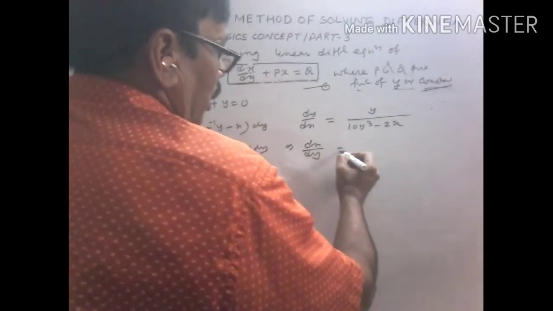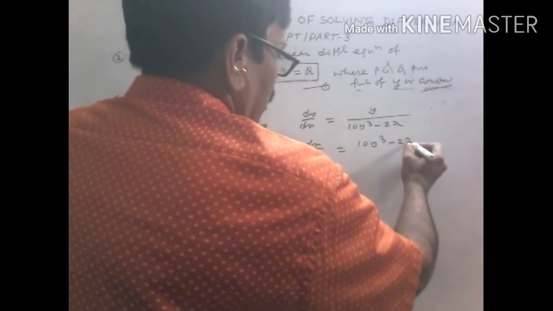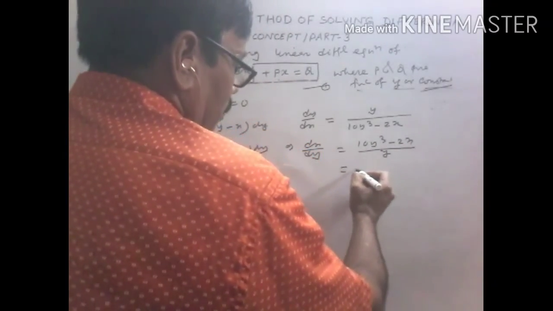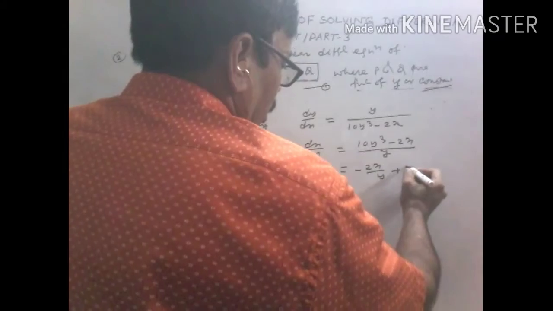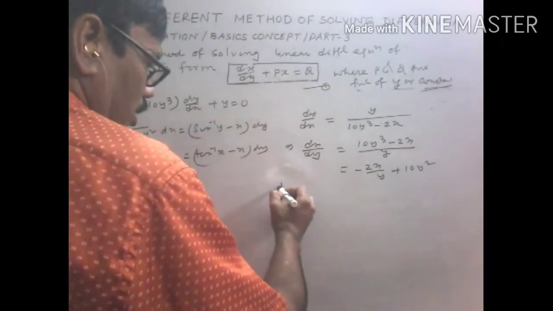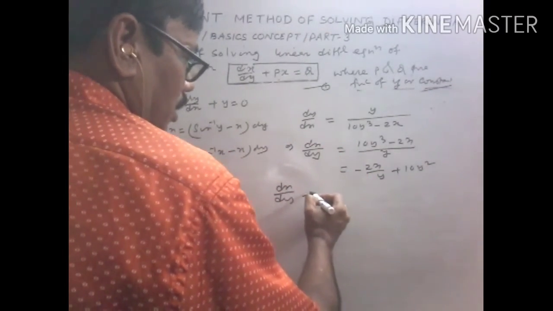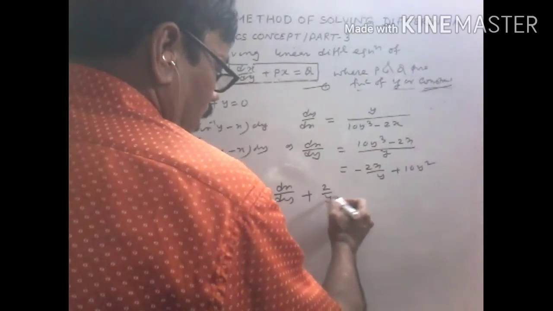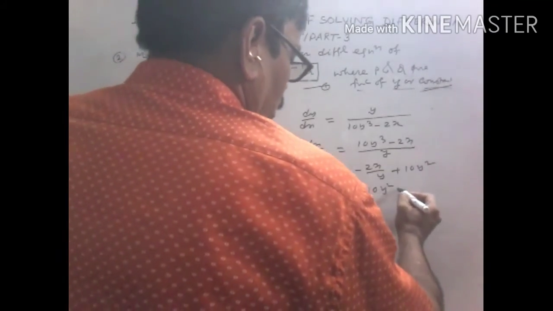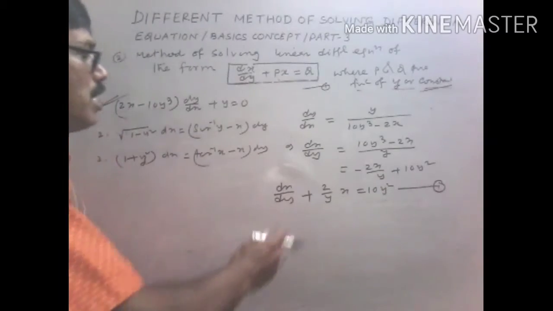if you write it as dx/dy, then look, you can write it in this form. It can be written as dx/dy plus 2y into x equals 10y square.